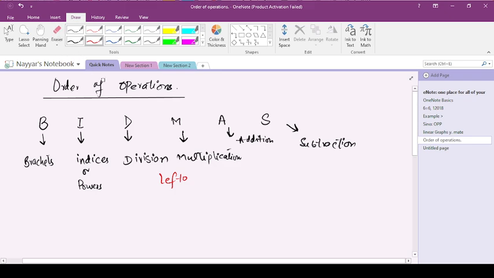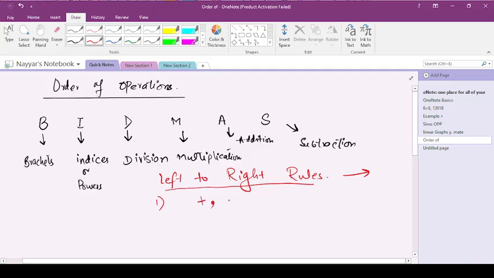You should keep in mind these rules, because you will apply them. It means that you will solve from left to right when you have just addition or subtraction operations in the question.